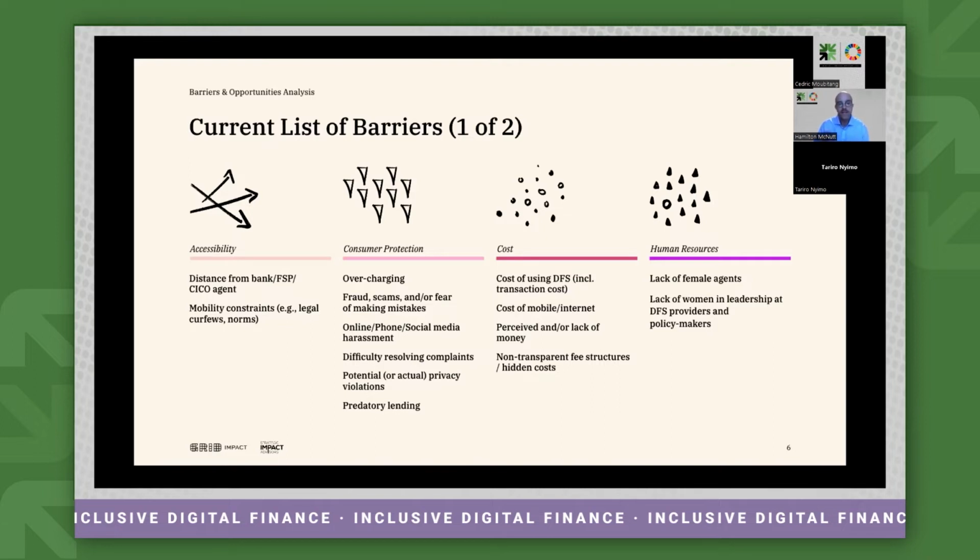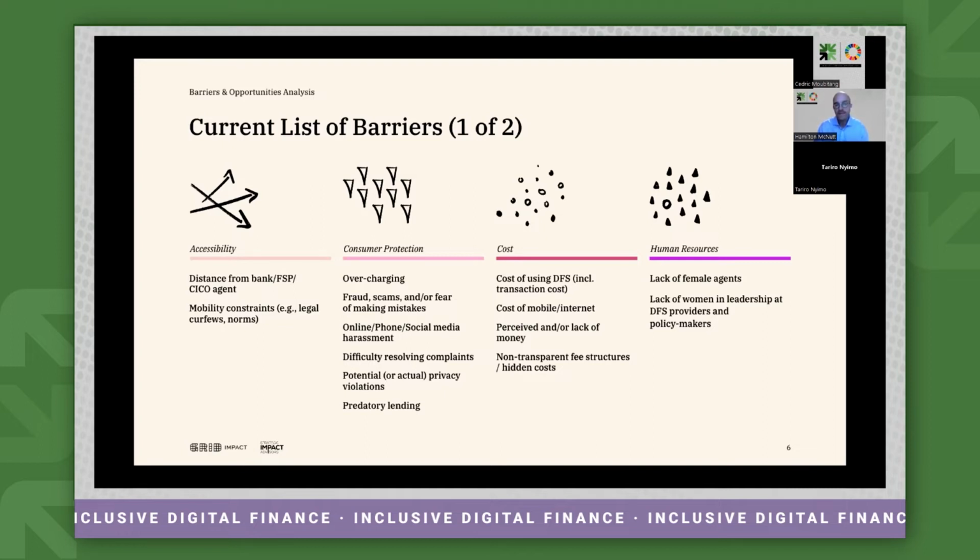Accessibility, which is thinking about access to agents, access to physical points of access, and also thinking about mobility constraints that women face within their particular context and lives. Consumer protection, so looking at things like fraud, social media harassment, difficulty resolving complaints, things of that nature.